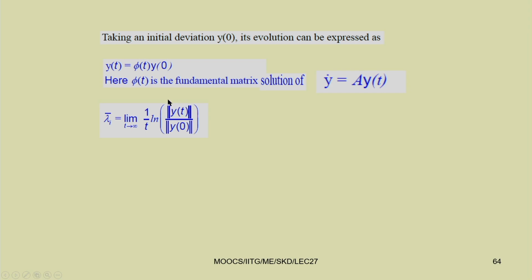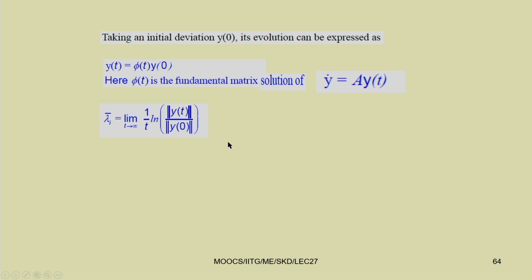This is the deviation at time t relative to the initial deviation. As the deviation is sometimes very large, it is better to take the ln to get a small number, and divide it by time. Taking the limit as t tends to infinity gives the Lyapunov exponent of the system.